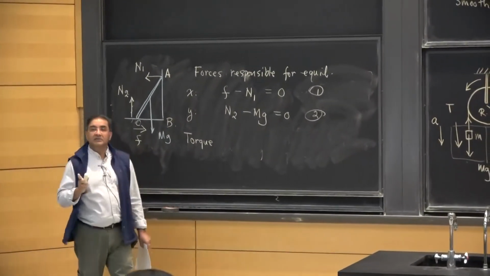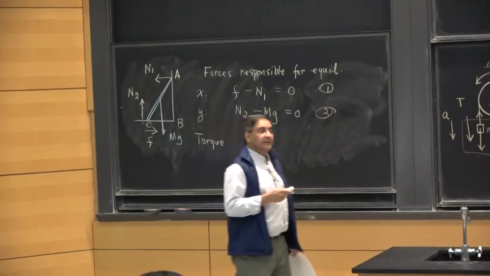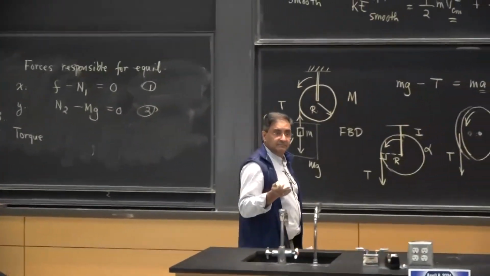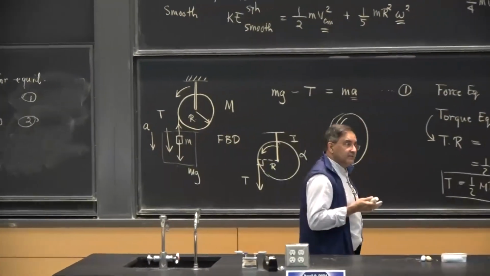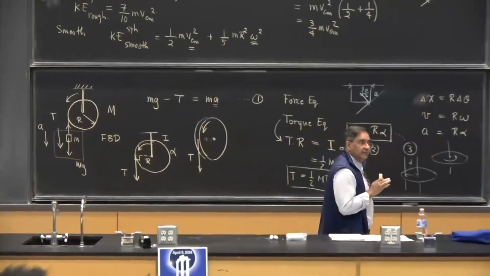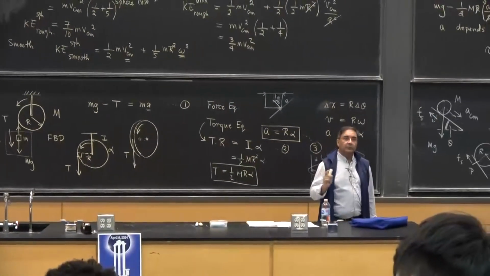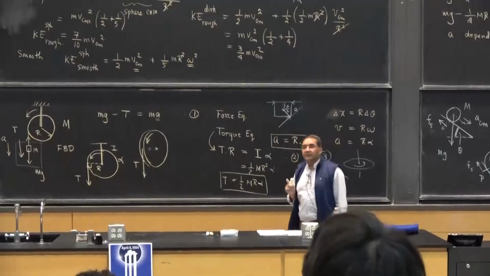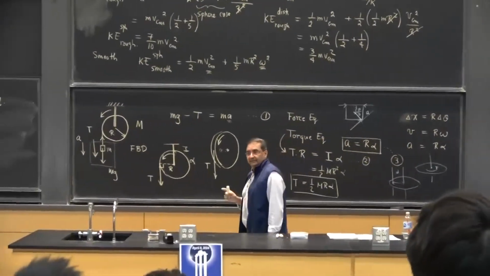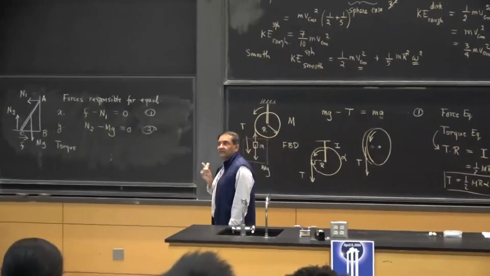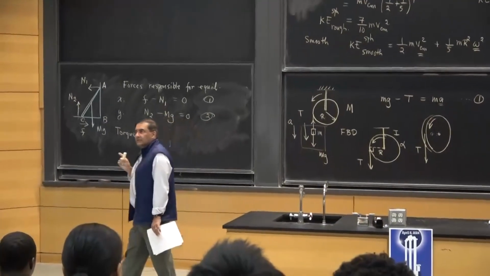If the perpendicular distance is 0, that means my torque term is dead. So it is strategically smart for me to pick a point about which to take the torque through which most torques go away. That simplifies my life enormously.